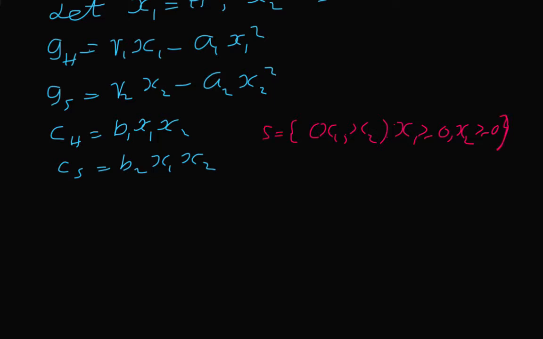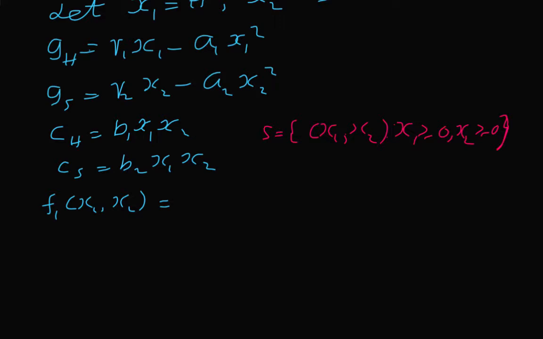We can write two functions because we have two variables, therefore we must have two functions, f1(x1, x2) and f2(x1, x2). What is f1 first? f1 represents the rate of change of variable x1.